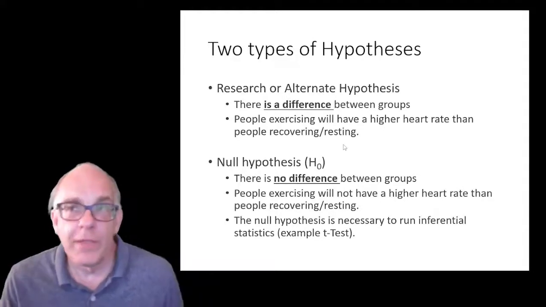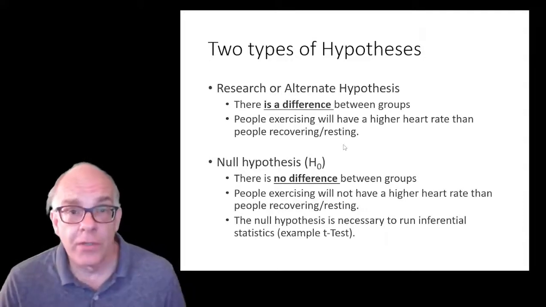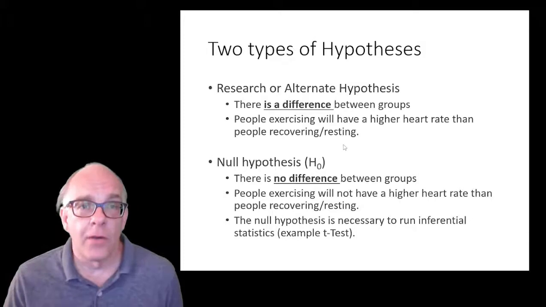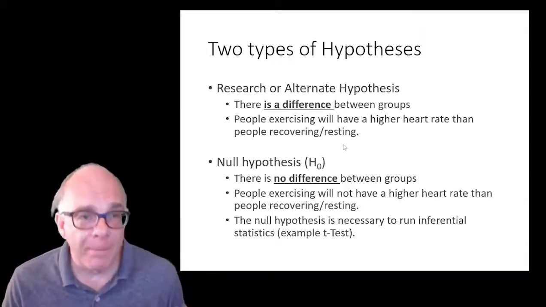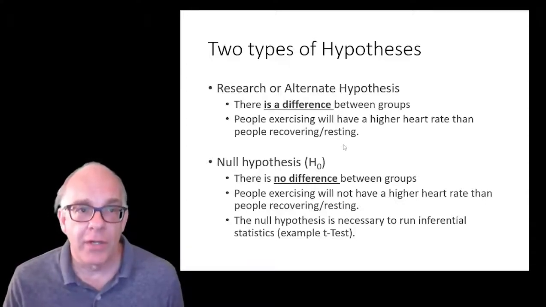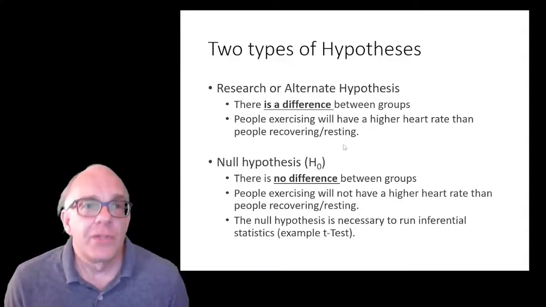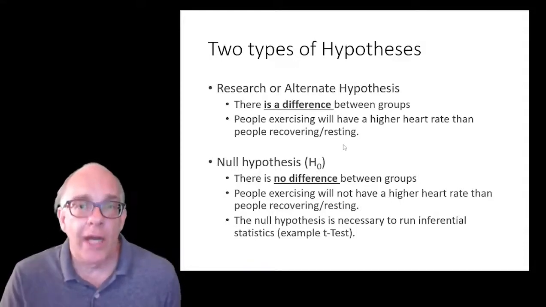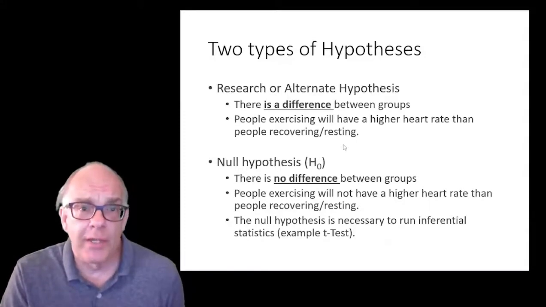We hook up a test subject right after they've exercised, measure their heart rate, monitor them for a period of time, and see if their heart rate immediately after exercise is higher than after they've been recovering for a while. Now, in order to do the statistics, we need to see whether or not our observations made in the laboratory are consistent with our hypothesis.